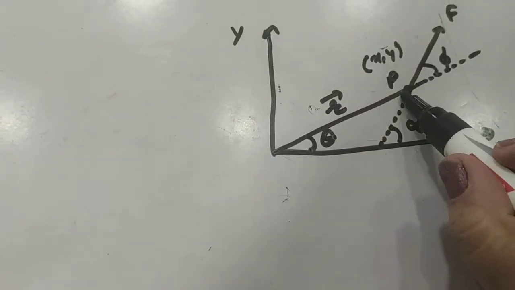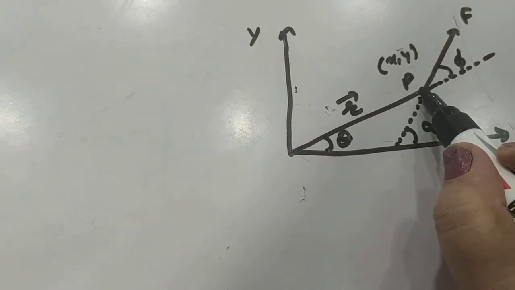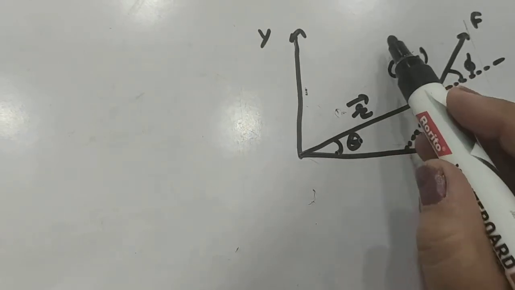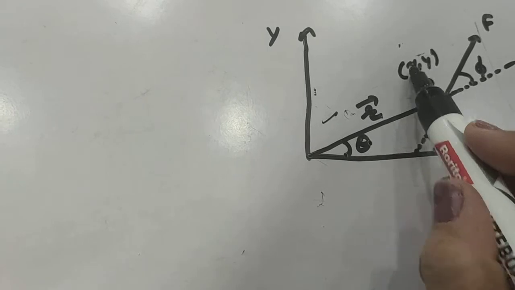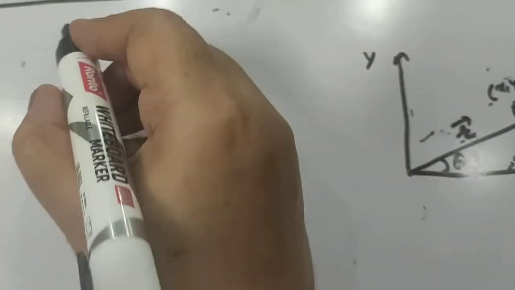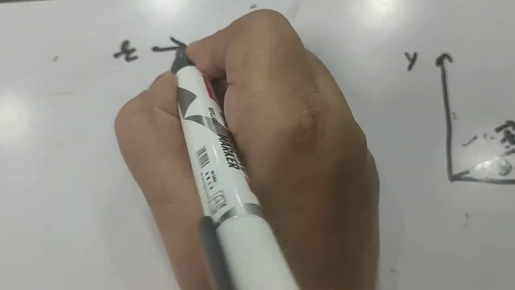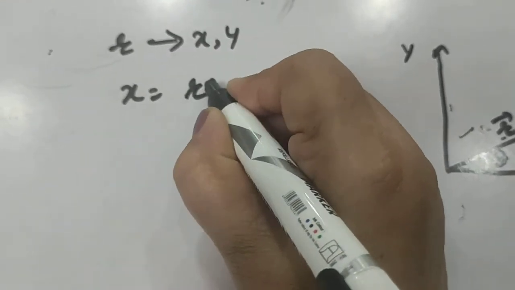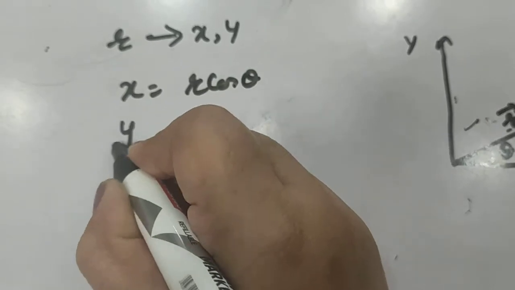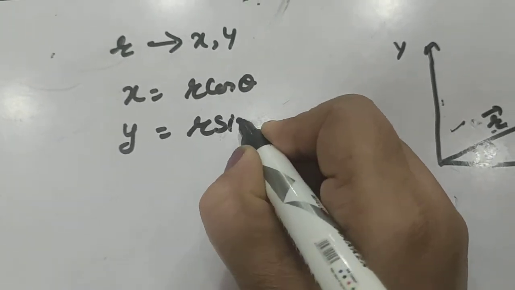Here the particle is at point P having coordinates x and y, with position vector r. This r has two rectangular components, x and y. So x can be written as r cos theta and y can be written as r sin theta.